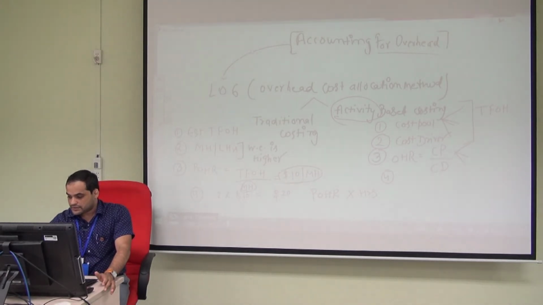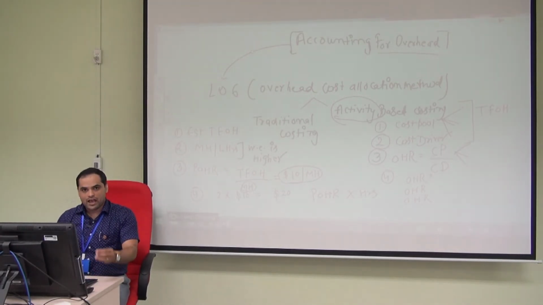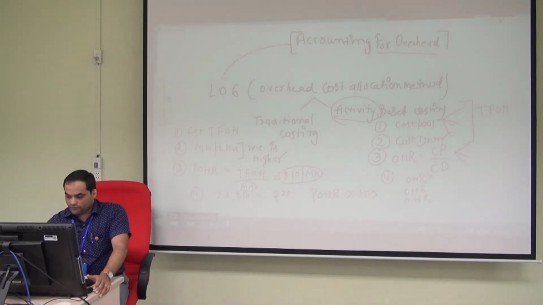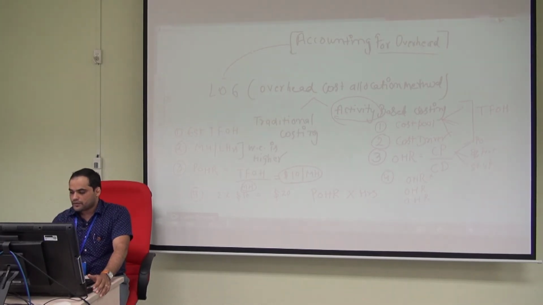So we have 3 overhead rates, and each rate also has some kind of activity. Let's say, for example, we have a purchase order, we have rent by square feet, and we have setup.